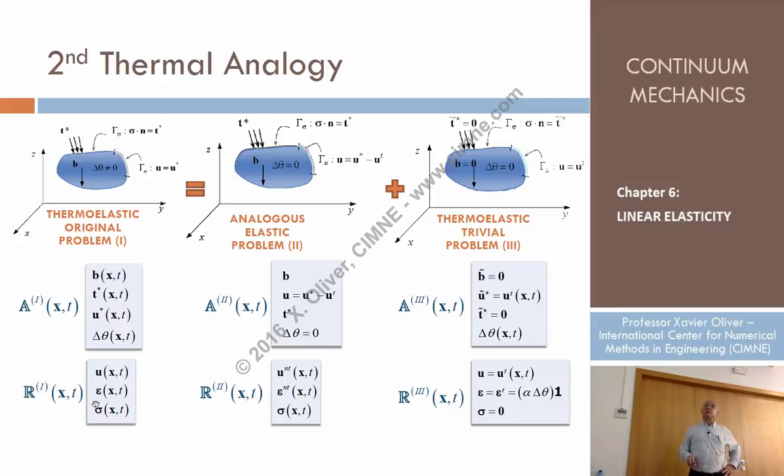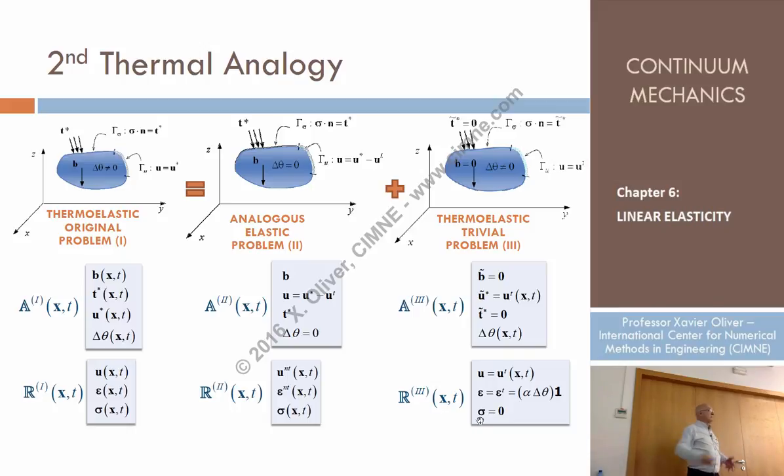And I'm looking for the solutions in terms of the total displacements, total strains, and total stresses. Now, I just decompose the problem into 2 parts. One part which is trivial. I don't have to compute that. I'm just paying attention to the solution of that, which is, in terms of displacements, the thermal displacements. In terms of the strains, the thermal strains, and in terms of the stresses, 0.